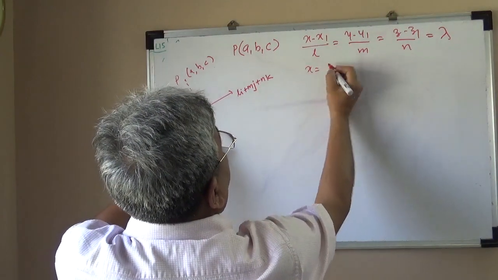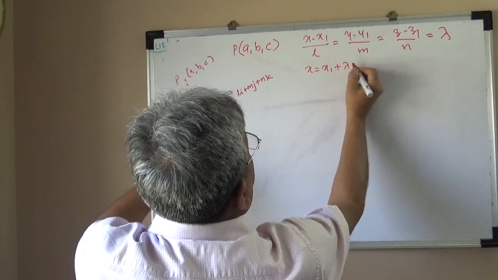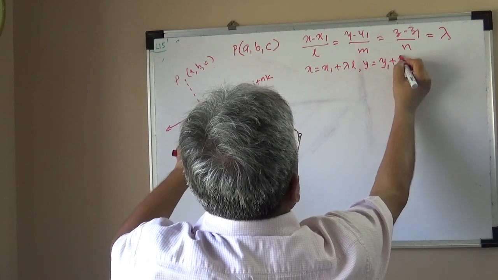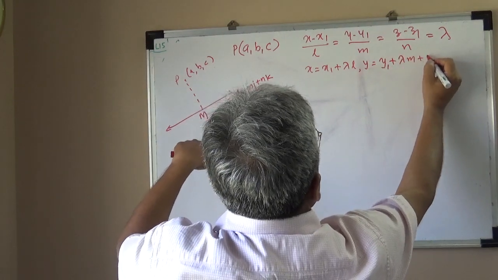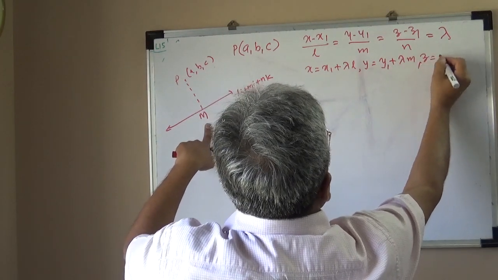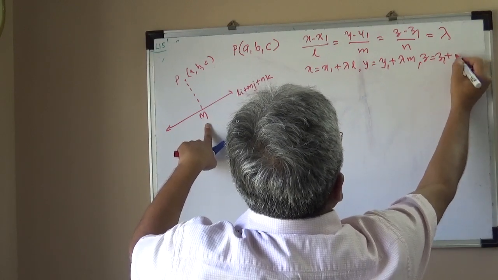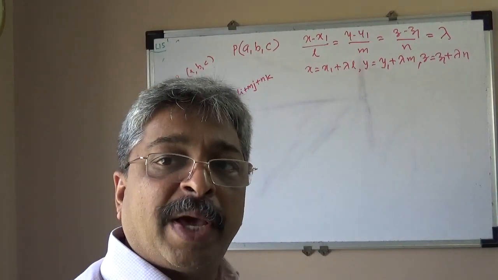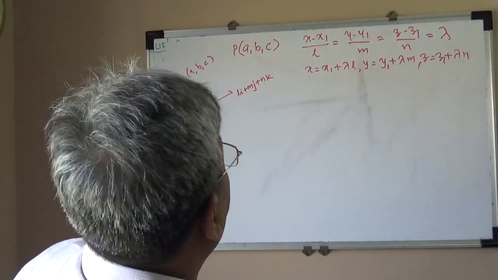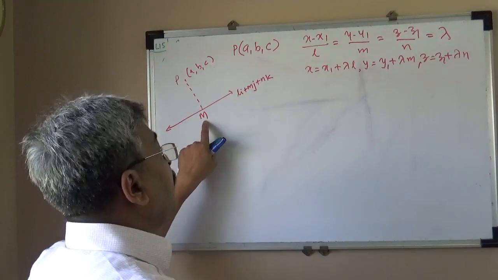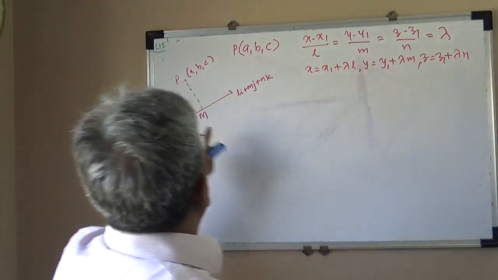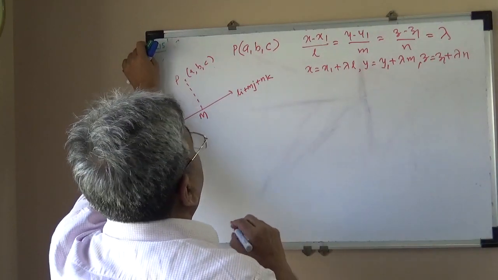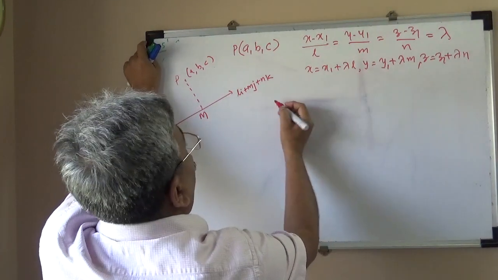So x is equal to x1 plus lambda L, y is equal to y1 plus lambda M, z is equal to z1 plus lambda N. So any general point on the line in terms of lambda as a parameter, we can write it like that, and therefore let M be this point, and now PM is going to be perpendicular to this line. Therefore PM, what is PM?